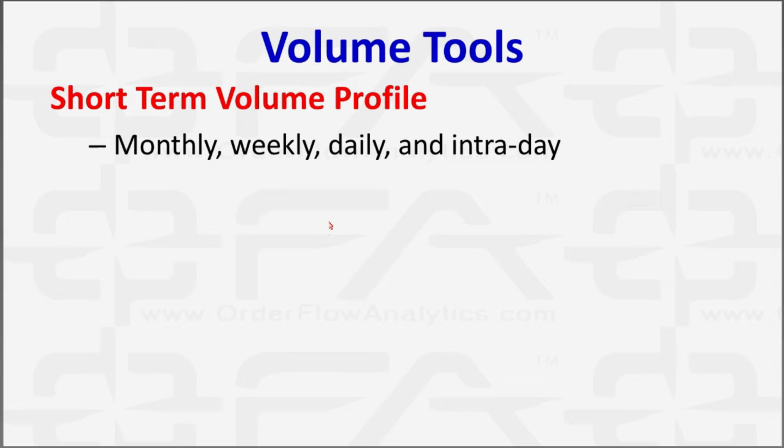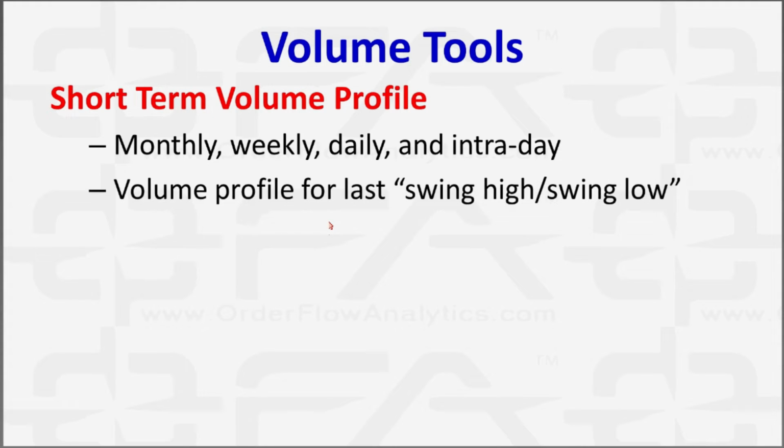But we use longer term profiles as reference points to say, okay, historically, this is an area, some people may call it support, resistance, whatever, where buyers see an opportunity. If we identify in the current market that it shows an opportunity as well, then we can act on that. They become very strong confluence factors for trade opportunities.